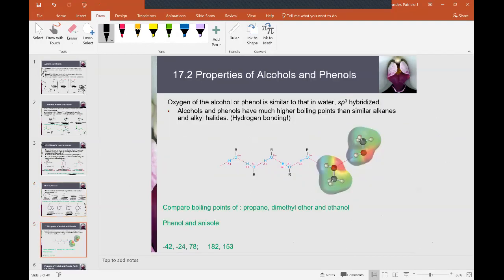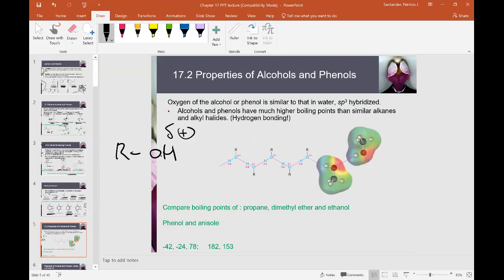In this next slide, we have a little discussion about the physical properties of alcohols. In an alcohol, you have an ROH, so you have the hydrogen attached to a highly electronegative element, oxygen. Because of that, you have a very strong delta plus on the hydrogen and a very strong delta minus on the oxygen, and you can form hydrogen bonding.